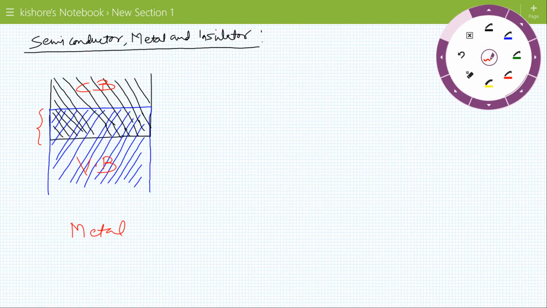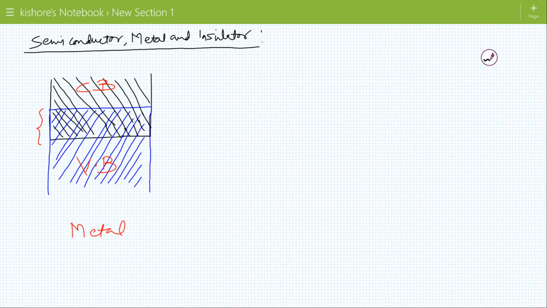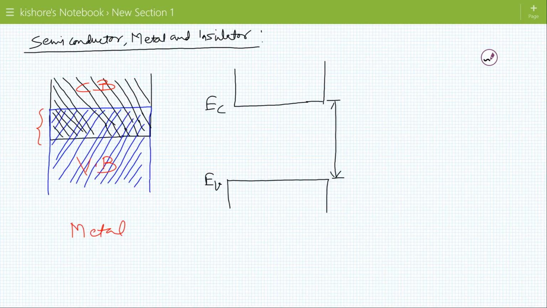Now in case of semiconductor, we have already seen that there exists a gap between conduction and valence band, and that gap is called forbidden energy gap, denoted by Eg.